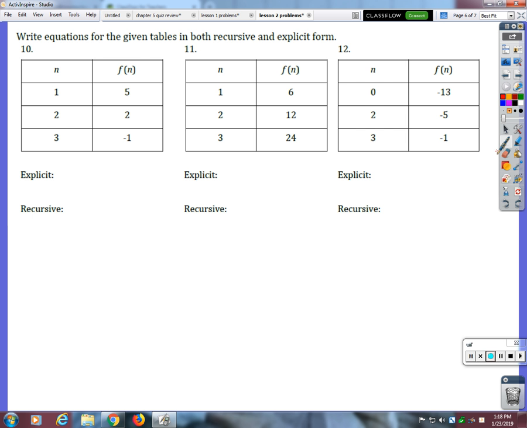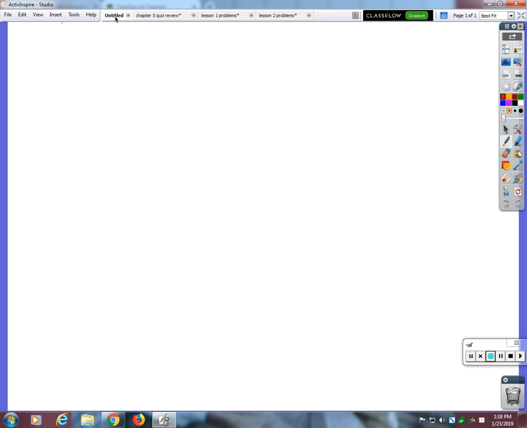Are we up to 5 problems so far? I should probably keep track. So we had a linear graph. We had an exponential graph.